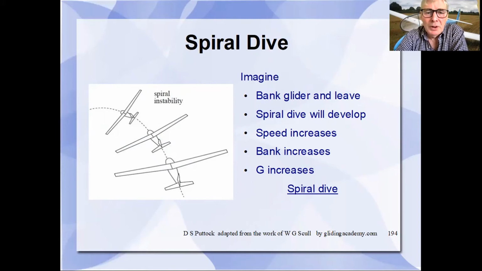So if we roll the glider, its roll will continue to increase, and as the bank increases, the nose will pitch down. If we just leave it, a spiral dive will develop where the speed will progressively increase as the bank increases and the nose pitches down. And because of all of that, the G will increase as well. And that's a spiral dive.